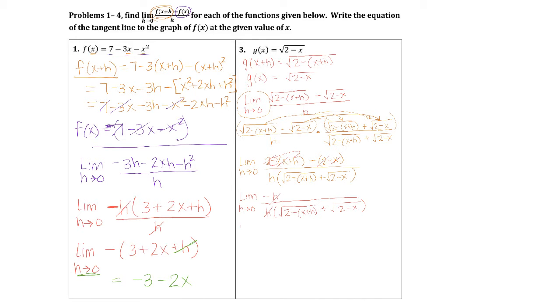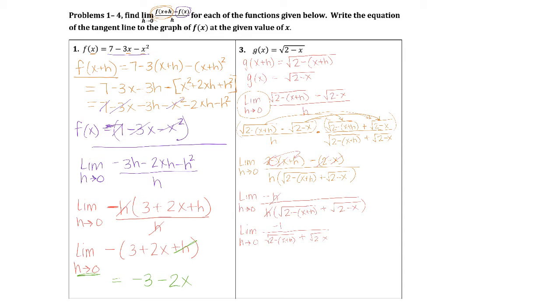So our limit as h approaches 0 of negative 1 over, and it looks like I'm going to have the square root of 2 minus x plus h plus the square root of 2 minus x. And now if h approaches 0, that means that this h in the denominator is going to go to 0.